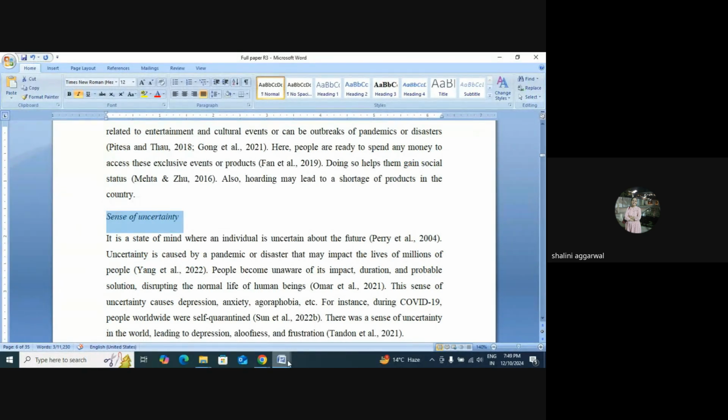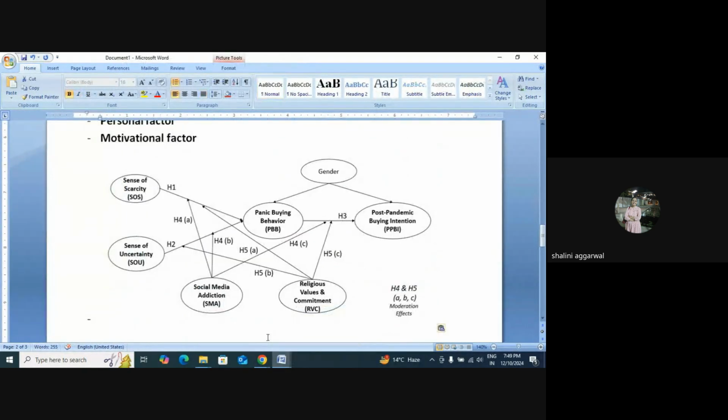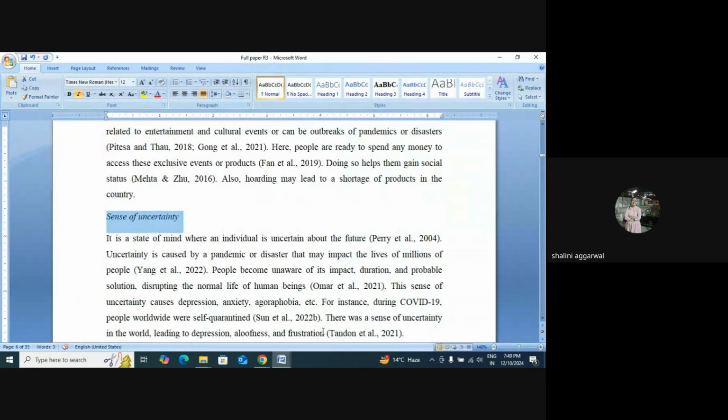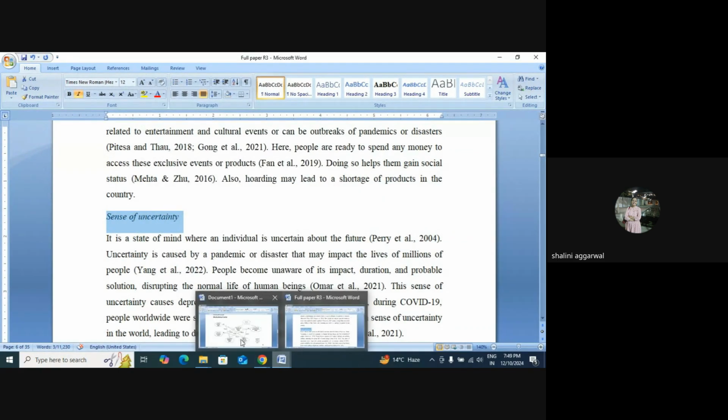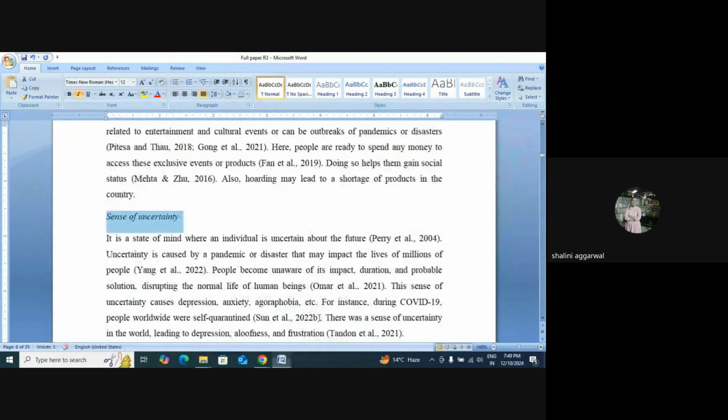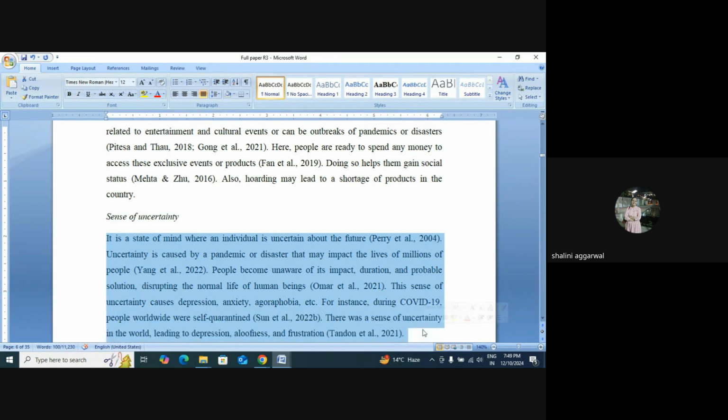Next is another variable. कहाँ है sense of scarcity? Oh, sorry, sense of uncertainty. This is my another variable. So what I have done is I have written one paragraph about it. What I am actually trying to tell you is how to write a very good paper, right?